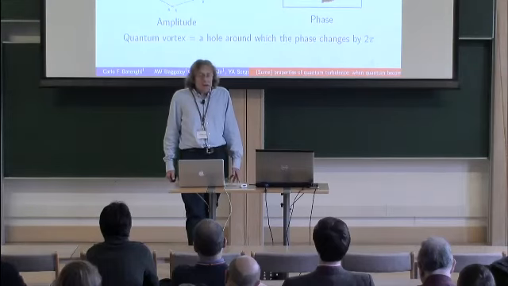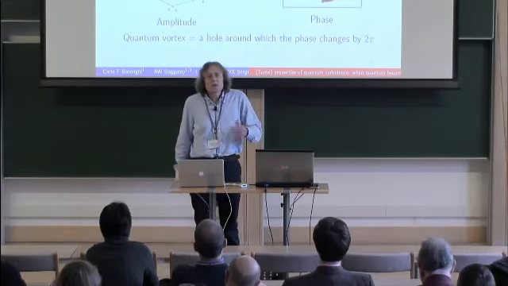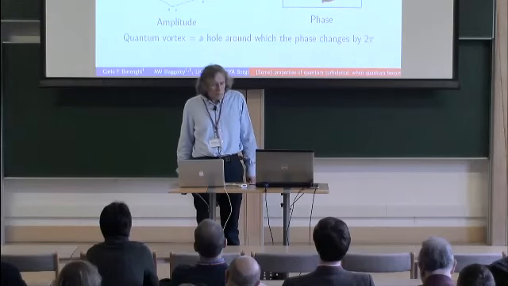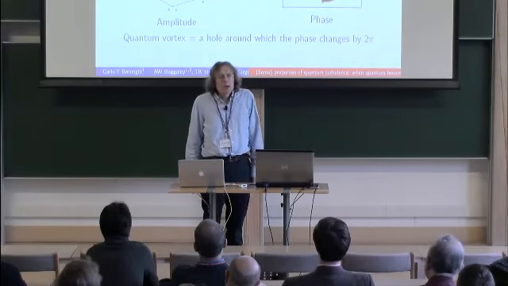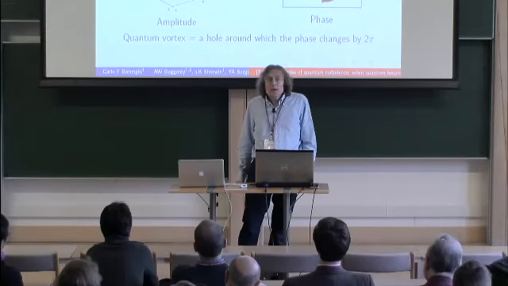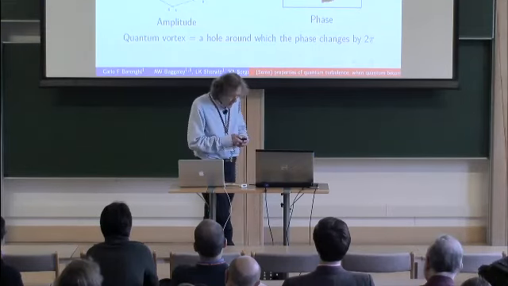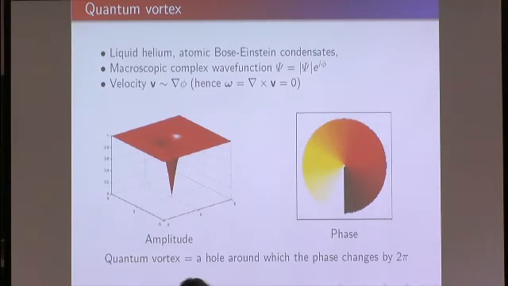So first of all, let me describe what is a vortex. A straight vortex, a vertical vortex in the pictures which I'm going to show, away from boundaries and other vortices. The amplitude of this wave function in the vicinity of the vortex looks like in the picture. So it's uniform far from the vortex.